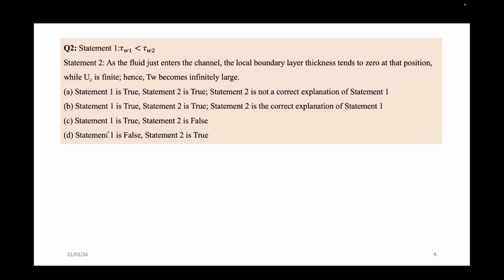Shashwat, any idea? Any guess? The first option, okay, not an issue. The first option is about the shear stress at the first layer.